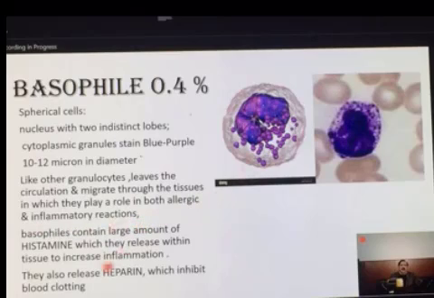They contain histamine, bradykinin, serotonin, and heparin, which is good for the body. Histamine, bradykinin, and serotonin cause vasodilatation and allergic reaction. Heparin is a blood thinner. It causes thinning of the blood and prevents clotting of blood.